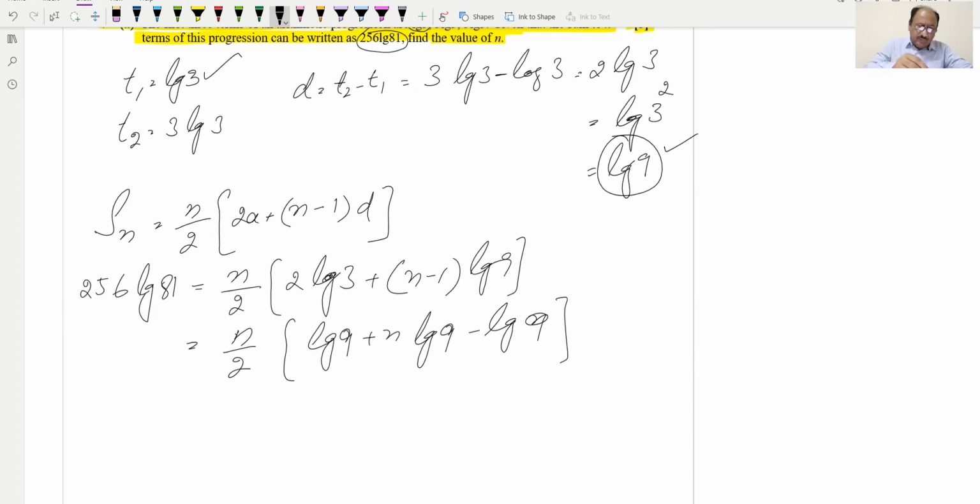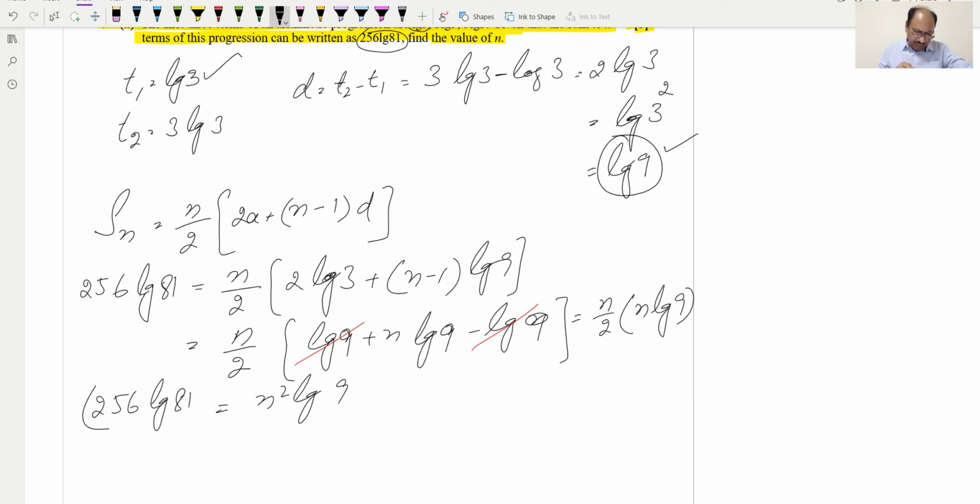So this one we can cancel with this, and our remaining portion will be n by 2, and inside will be n log 9, and we can write it as n squared. So 256 log 81 is equal to n squared log 9 divided by 2, which we can shift to this side, and this will be 2 here.